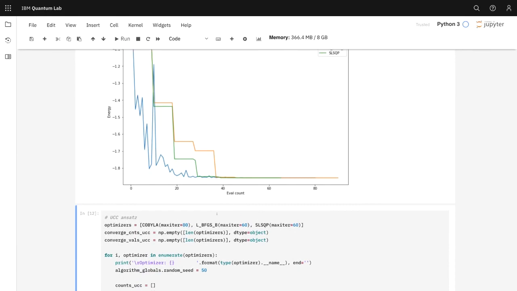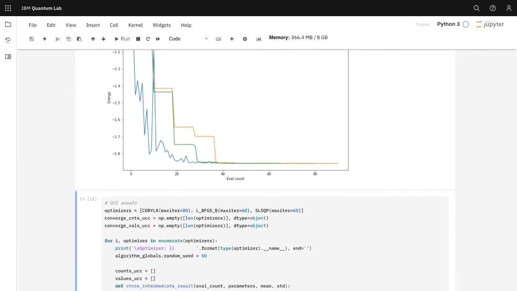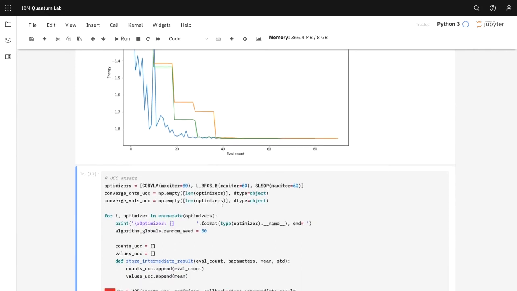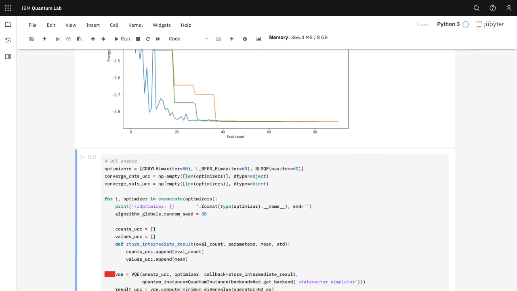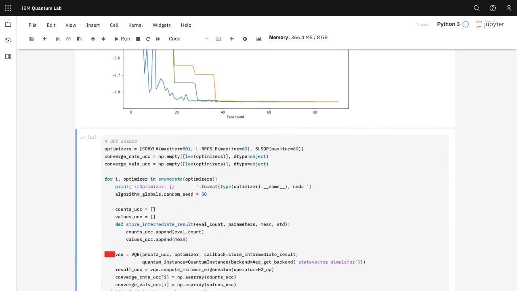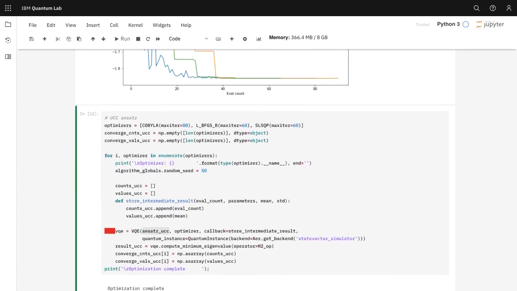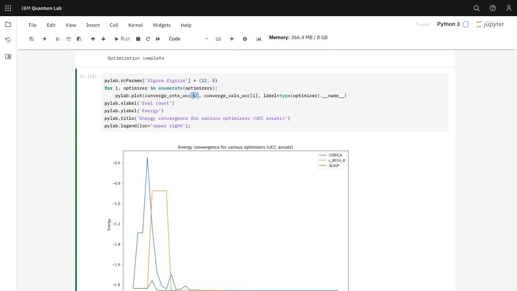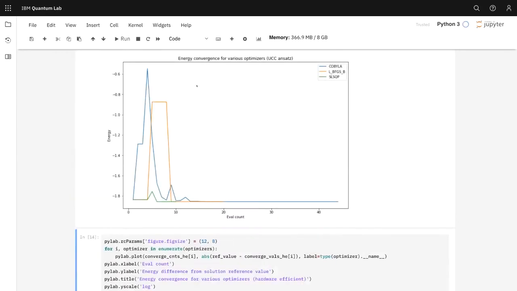And now we can compare this to the unitary coupled cluster, where we do really the same thing, just replace this hardware-efficient Ansatz with the coupled cluster. And we can run this optimization and do the plotting.